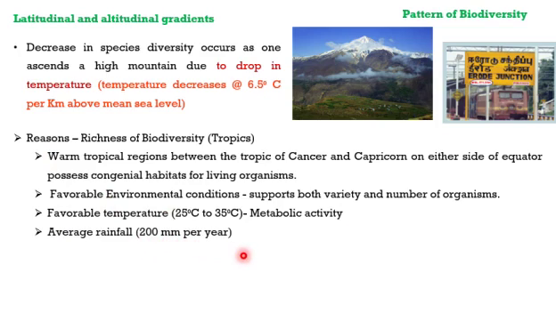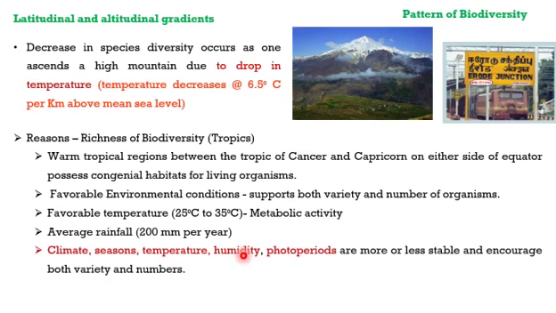Another important reason is climate and seasons. In our India we have different seasons, right? For example, in Tamil Nadu, we have a different summer season and a different monsoon season when compared to other places. Summer will be almost similar, but the monsoon season keeps changing. For example, in Tamil Nadu we receive rainfall during October to December, whereas in Kerala it differs.